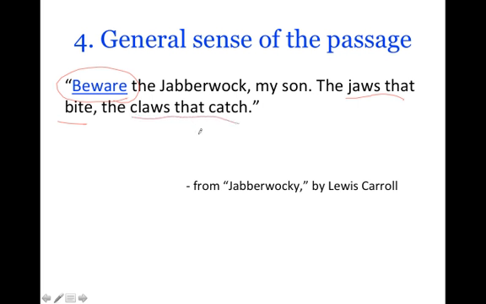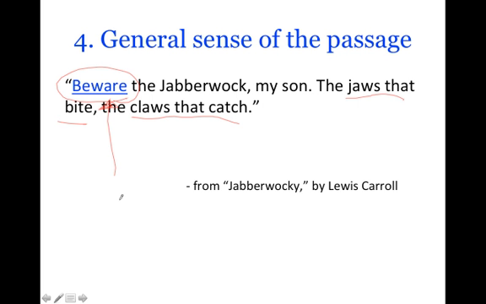Is this something that you think it would be a good idea to hug or kiss or to talk to? Probably not. We hope not anyway. Either that or you have a very strong sense of daring. But would it make sense to be careful around it? Sure it would. And from that reasoning, we can say that beware means be careful.